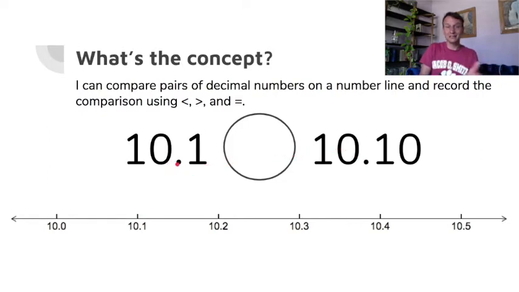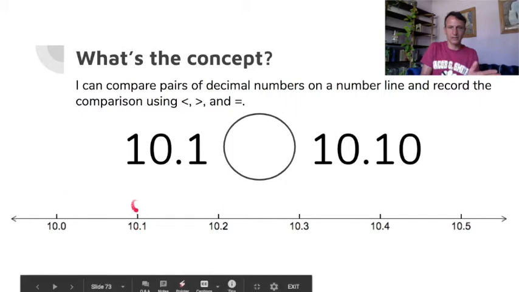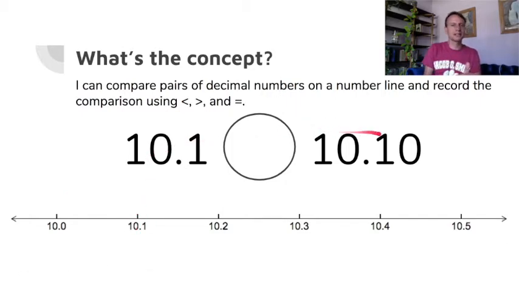10 and 1/10, very good. 10 and 10 hundredths, right? Here is 10 and 1/10, great, that's right there on the number line. When we look for 10 and 10 hundredths, you're getting the hang of this, right?